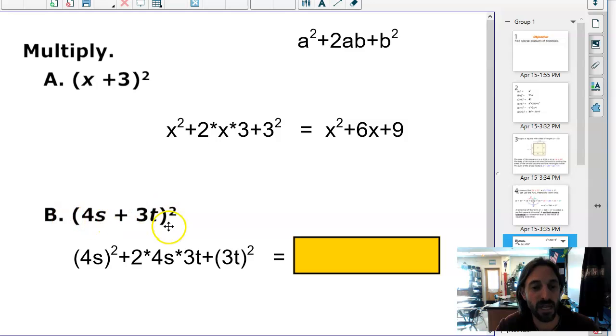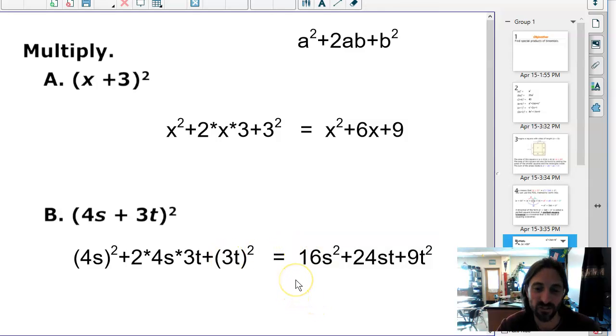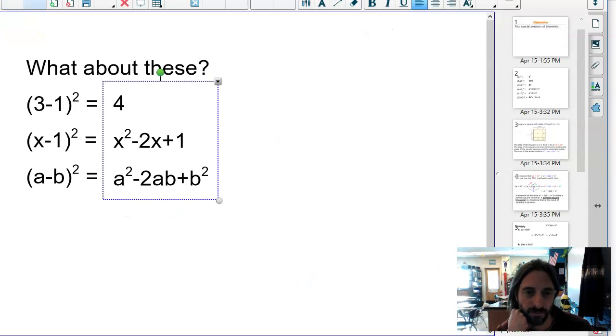The second term, b, is 3t. So 4s squared plus 2 times 4s times 3t plus 3t squared gives you 16s squared plus 24st plus 9t squared. Please pause the video. Get this in your notes. These are really good examples for what we're trying to do.